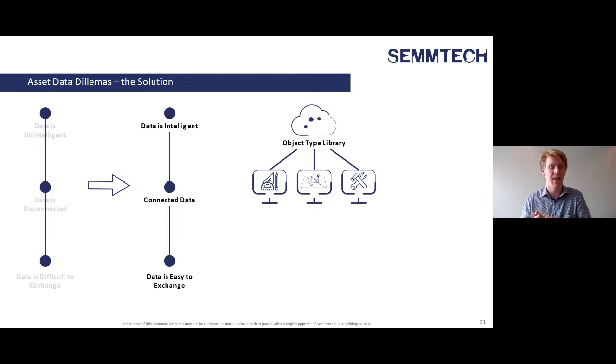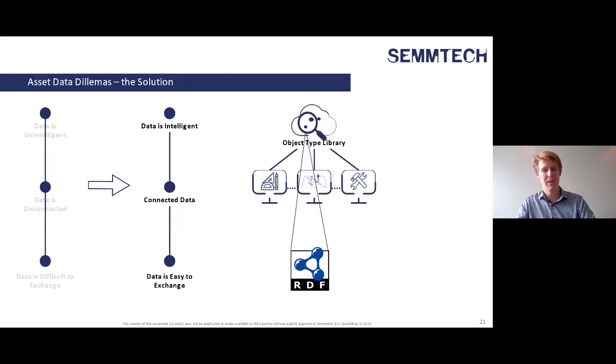It can have particular aspects such as materials and dimensions, etc. And when all the applications then know what the information structure is about a set information entity, they can also easily exchange the information amongst one another. And finally, an object type library is published in linked data, so it's in an open standard format such as RDF, which then makes it a lot easier to exchange and interpretable for different computer programs.